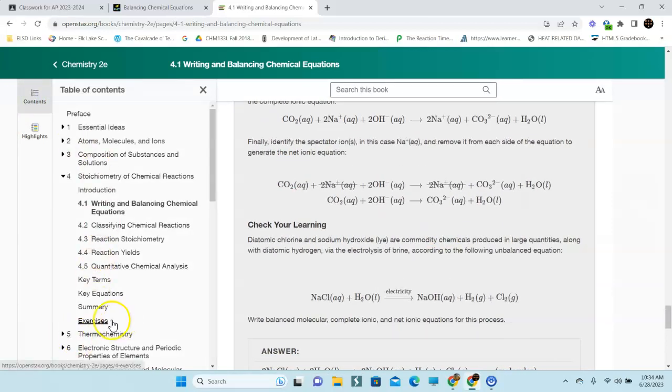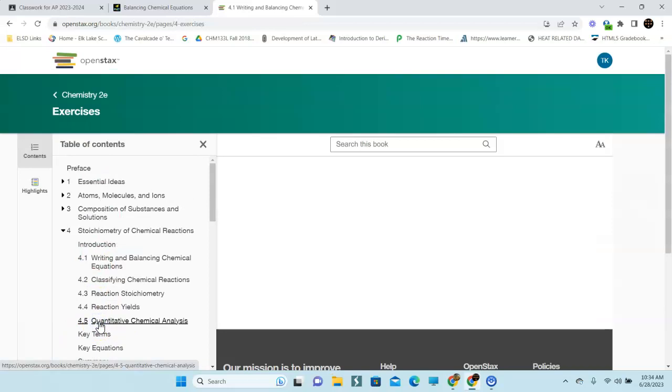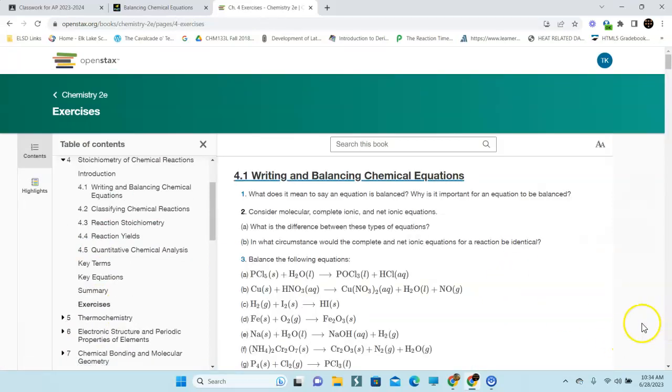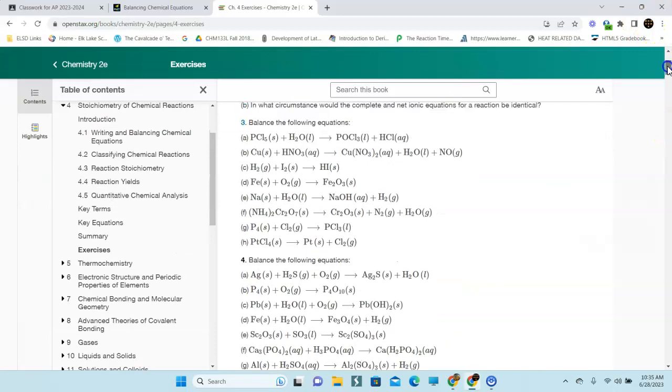Let's see if there are any exercises you might want to try. We can take a look at question 3 here underneath the exercises. That's what I love about this online textbook. It's right at your fingertips. So give some of these a try, and then next week when I come back, we can go through these on a video step by step.